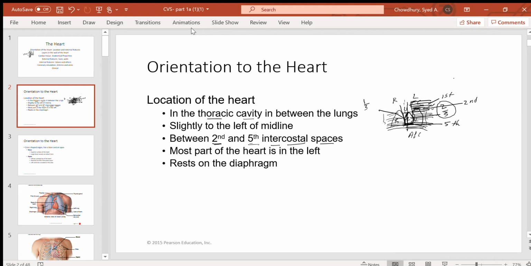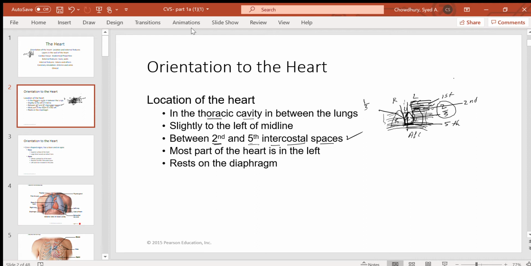So from outside, by pressing on the chest wall, you can count the ribs and can locate the position of the heart inside your thoracic cavity between second and fifth intercostal spaces. Okay, and cardiac surgeons, before they open the chest for surgery, they would locate the heart from outside. That is called the surface anatomy.